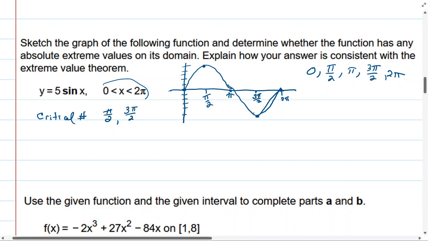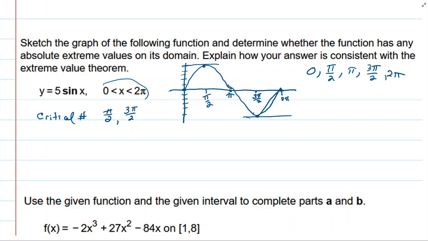Yes, because that's where the slope is 0, right? Correct? Is everybody comfortable with that? So at these values, we have the min and max, the absolute.